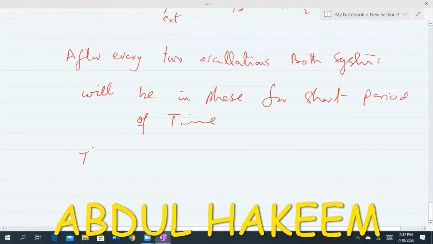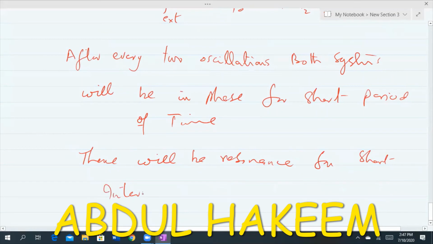There will be resonance for a short interval. And this is known as partial resonance.